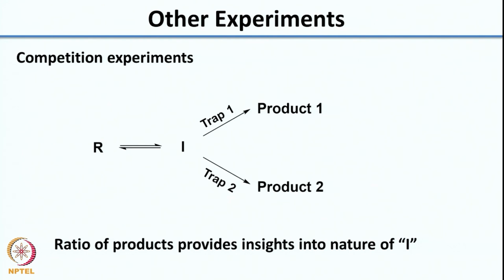In this case you have a reactant which forms the intermediate, you add 2 traps. Now you have a competition between trap 1 and trap 2 to form 2 products. Depending on the ratio of product 1 and product 2, you can gain insights into the nature of I.